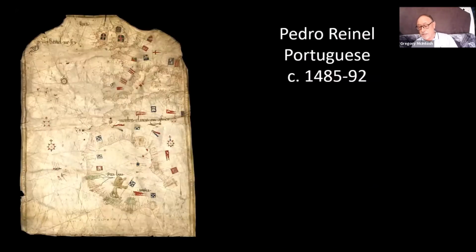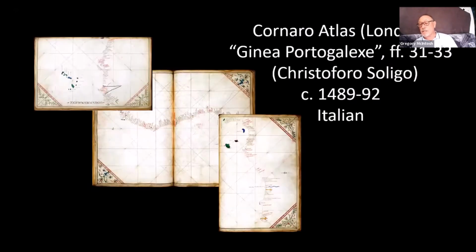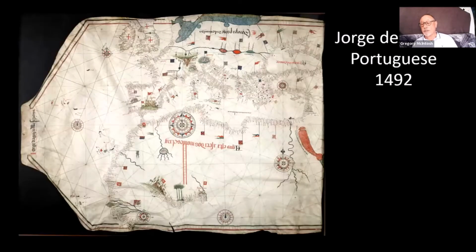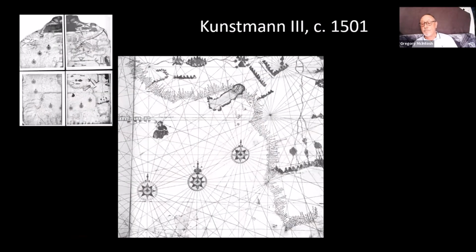The charts I have examined are the Raynel chart of about 1485 to 1492, the charts of the Canerio Atlas in London, believed to be copies of charts by Salih, which in turn were copied from Portuguese charts, the Aguiar chart, the earliest extant signed and dated Portuguese chart, the Kunstmann III chart of 1501 or a little later, now lost, but we have good photographs and a 19th century facsimile giving us the African names.